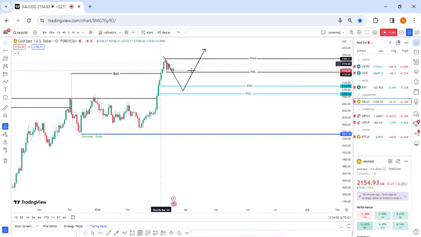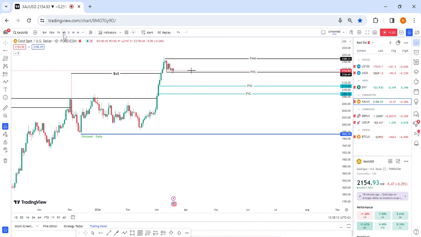So long term, we believe we could be seeing a corrective motion into this fair value gap, and then we'll push to the upside as we anticipate for gold.